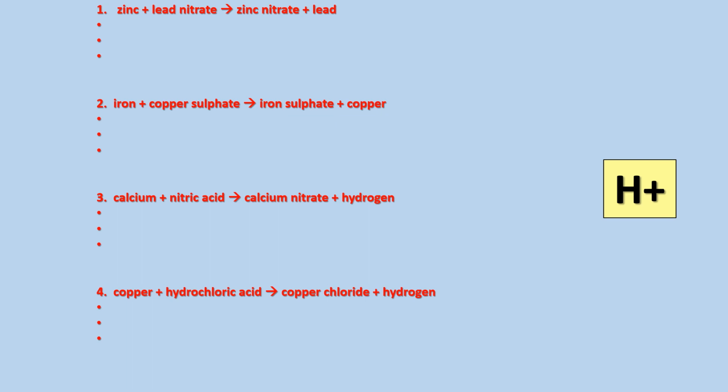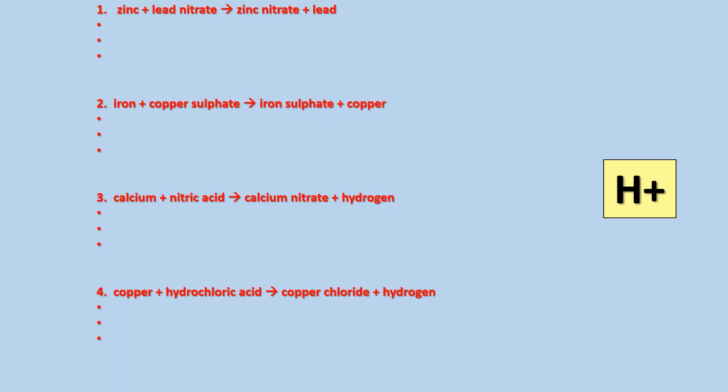I'm happy for you to look up the formulae for the compounds, but it would be really good if, once you've got the formulae for the compounds, you can write the balanced equations yourself and then the ionic and half equations. If you're going for grade 6 or below, you can leave this slide out and just move on. So pause if you're going to do it, but don't worry if you're not.